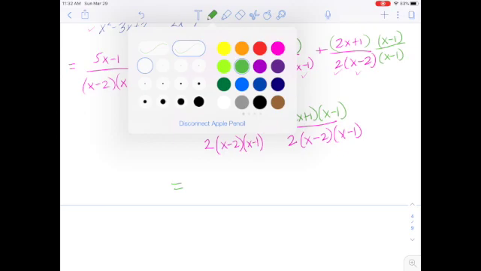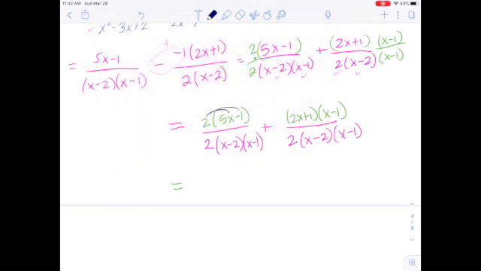Now keep going. I'm going to distribute and combine our numerators. Distribute, FOIL. Going to keep that same denominator, 2 times x minus 2, x minus 1. And that first fraction will give me 10x minus 2. And the FOILing will give me plus 2x squared minus x minus 1.